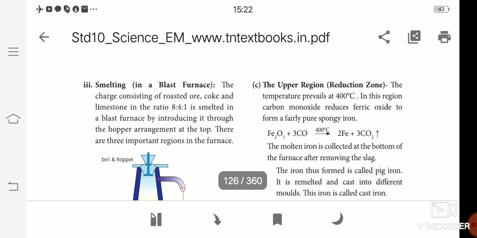Next, the lower region, the combustion zone. The temperature is 1500 degrees Celsius. The coke burns with oxygen: carbon reacts with oxygen at high temperature to form carbon dioxide.